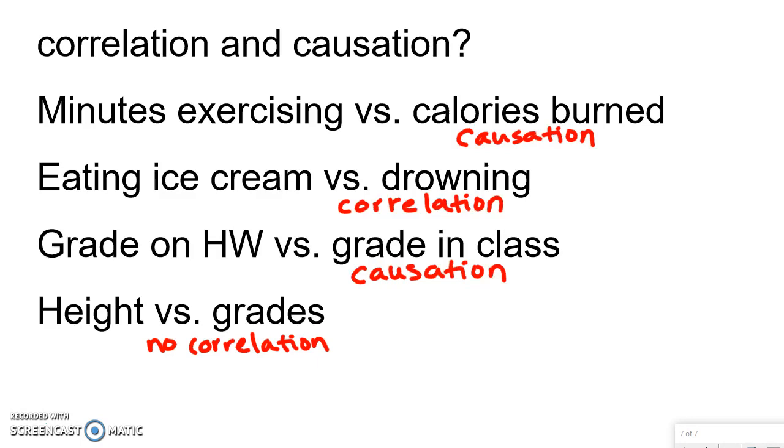But what if we were talking about grade, not as in A, B, C, D, F, but the grade you are in school, like your height versus 1st grade, 2nd grade, 3rd grade. Well then, yeah, I would think that there is a correlation. Now, it's not necessarily a causation. Your height would not affect the grade that you are in. It's your age, not your height, but there would be a correlation in that case. Okay, and that's basically it for this.